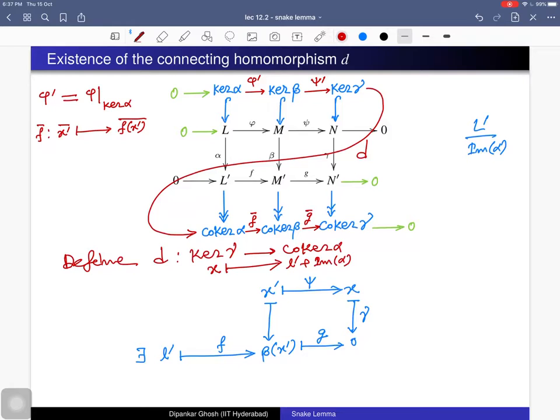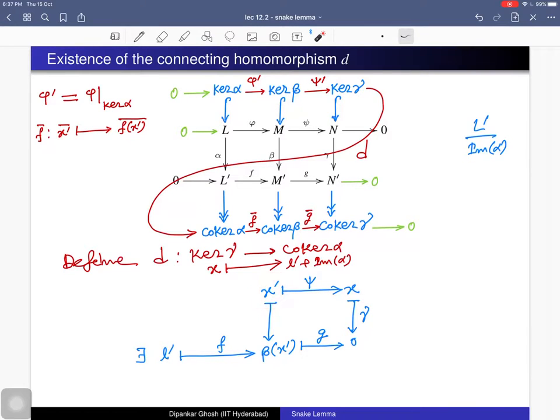Now the question is, is this assignment well defined, or is this map well defined? Why should we check this well-definedness? Because the way we have constructed this morphism, we can have more than one choice.